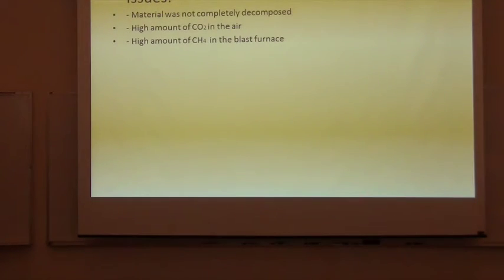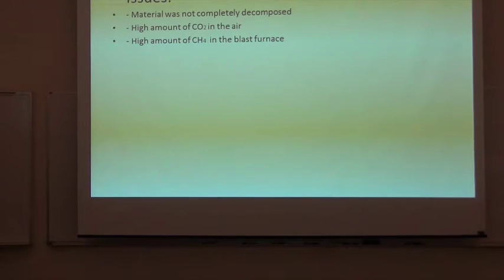However, this blast furnace had combustion issues. Sometimes it happened that the material wasn't properly decomposed. Instead of the dust, we got magnesite rocks, so it means that the material just went through the blast furnace.